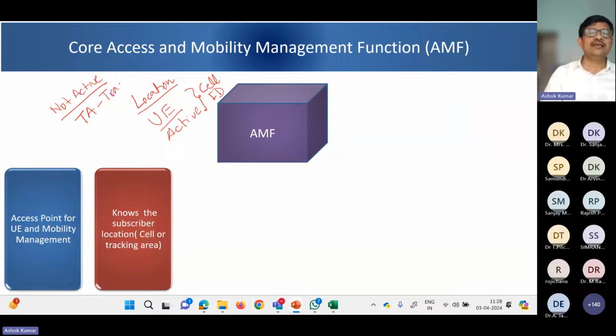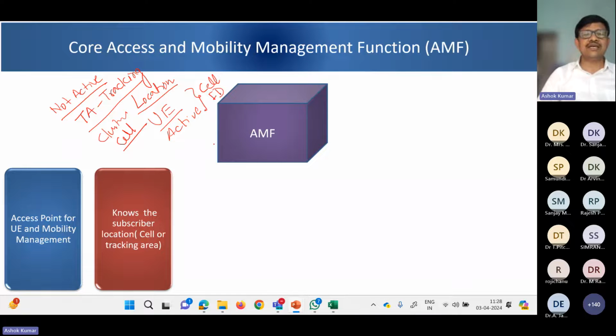What is a tracking area? Can any one of you tell me? This concept was there in 2G, 3G, 4G, all Gs. The tracking area is a cluster of cells. And for what purpose is it used? Whenever there is an incoming call for a user equipment and the user is not active, AMF has to search for that particular user equipment.